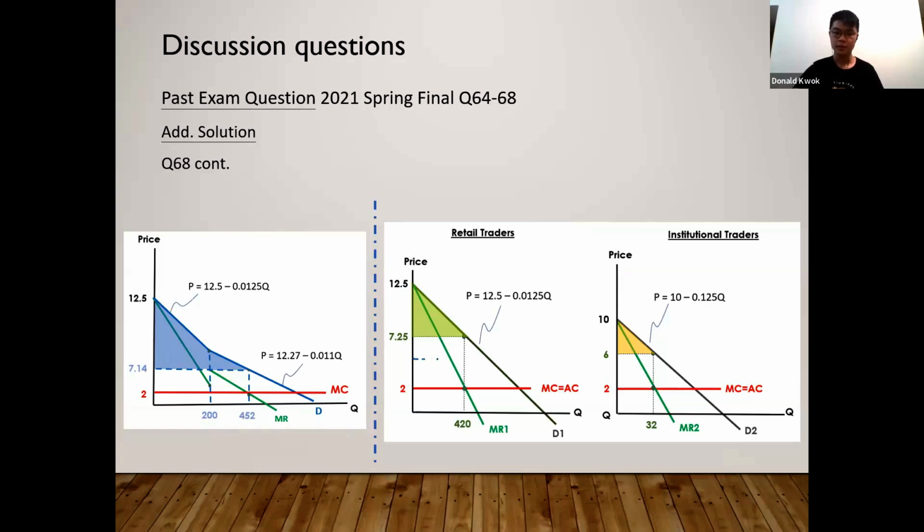You can just plug in the price of 7.14 to find out the consumer surplus for the retail traders, and also the price of 7.14 into the institutional traders' demand, and we can find out the consumer surplus in this case. If we add up the two blue triangles, it is equivalent to the quadrilateral. So they are consistent.